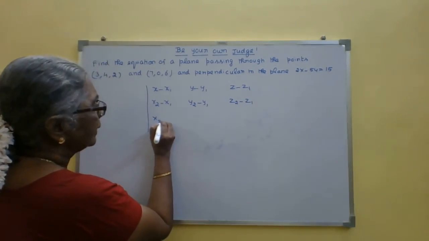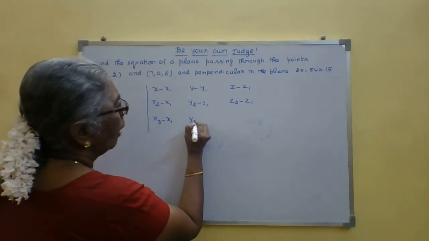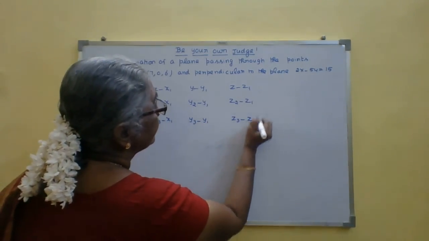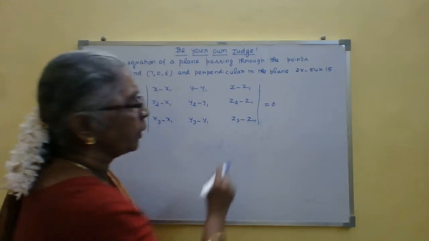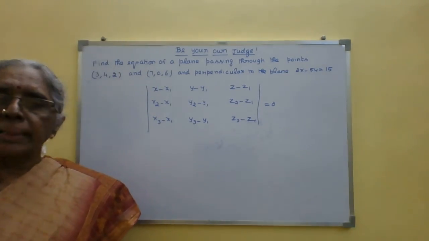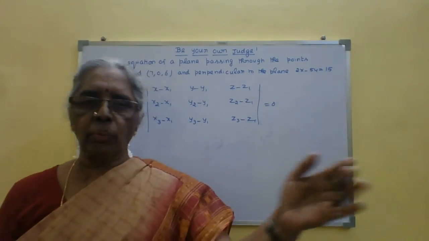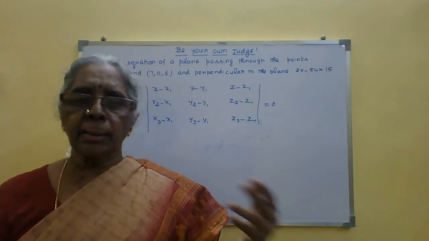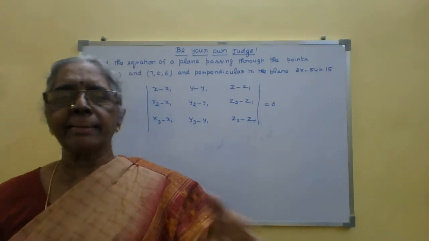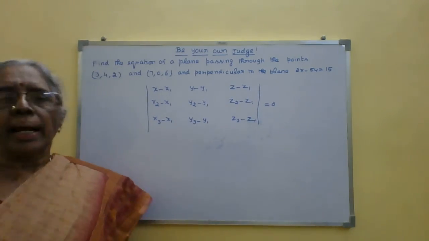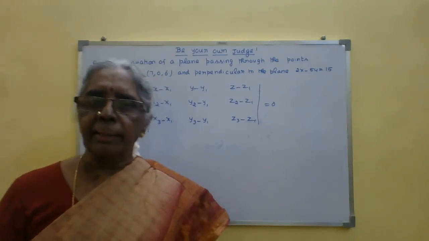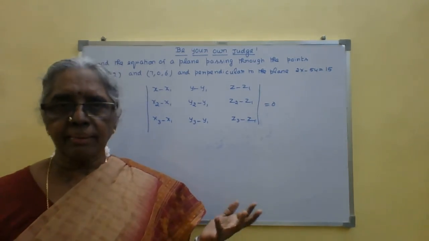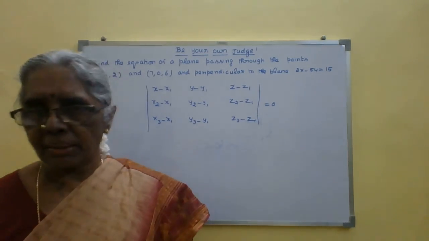Third row, x3 minus x1, y3 minus y1, z3 minus z1, that is equal to 0. So they give you 3 points. Take the first point as x1, y1, z1. The second point as x2, y2, z2. The third point as x3, y3, z3. Just substitute, expand the determinant, you will be getting the equation of the plane. That is so simple, that doesn't need any explanation or example, I think.